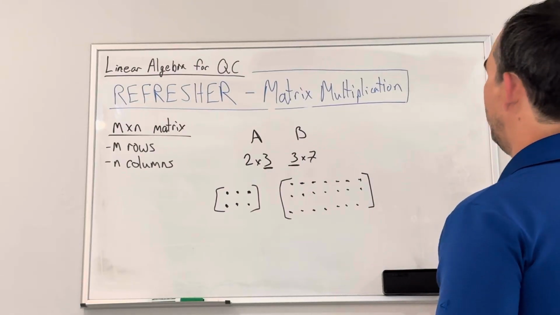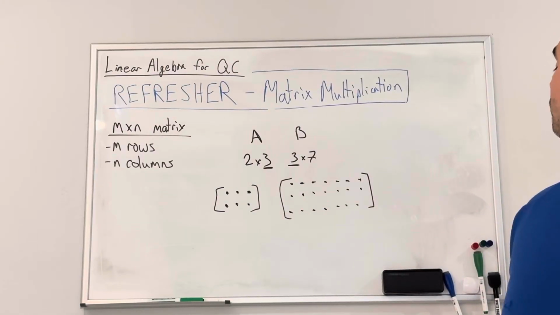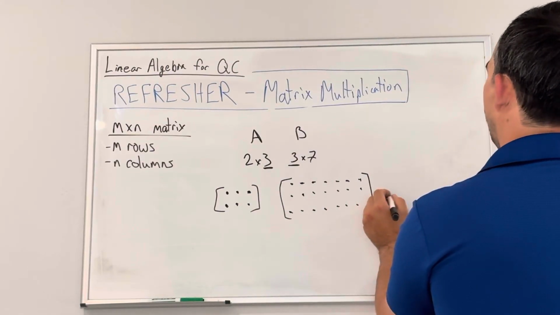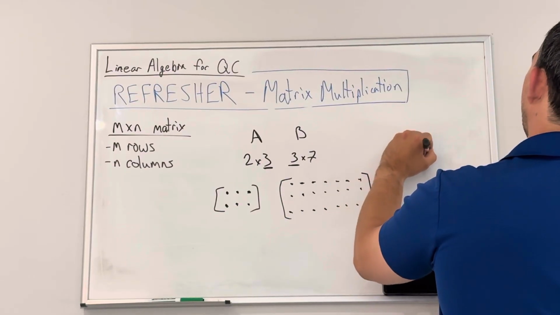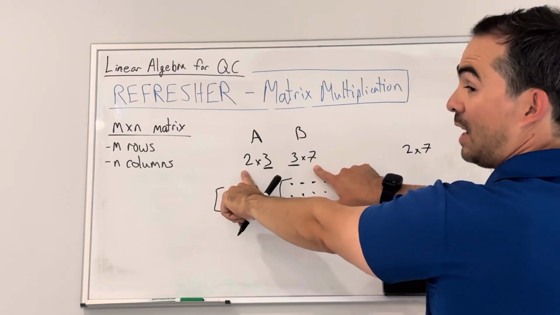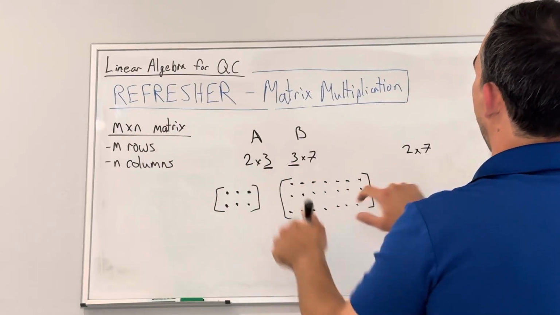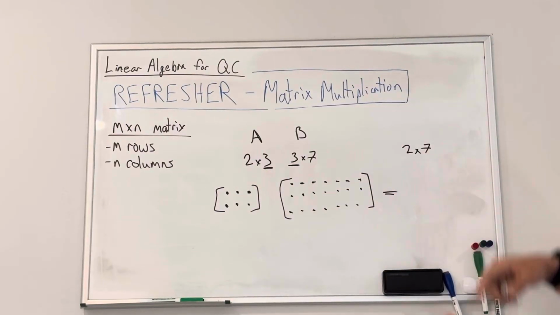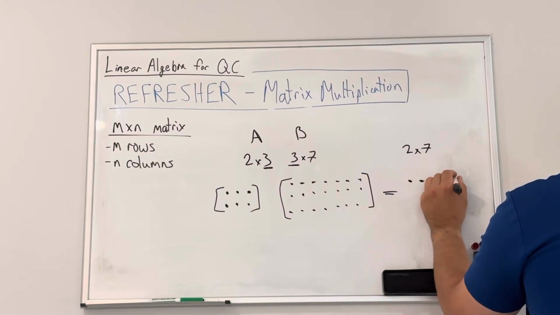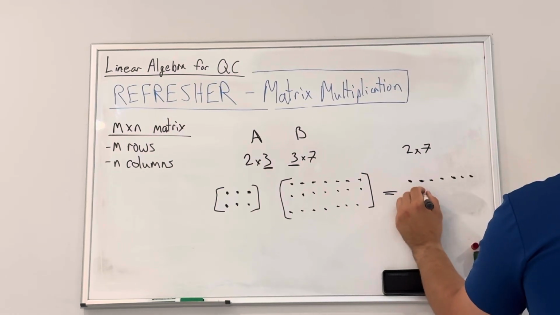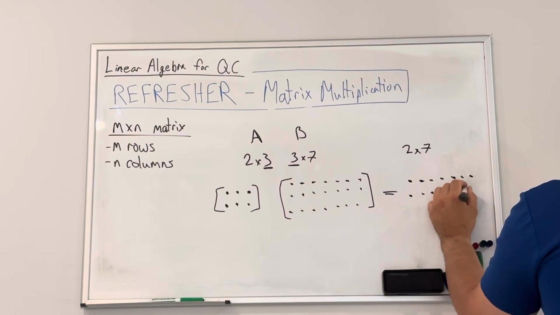If that's the case, then my final matrix is going to have the shape of, in this case, 2 by 7. The numbers that are left on the outside, 2 and 7. So this is going to have 2 rows and 7 columns.